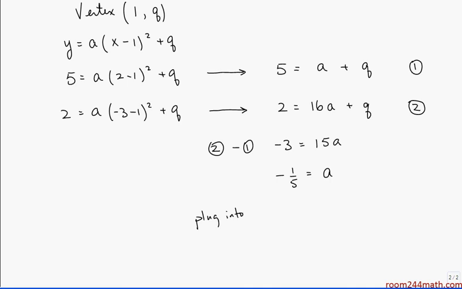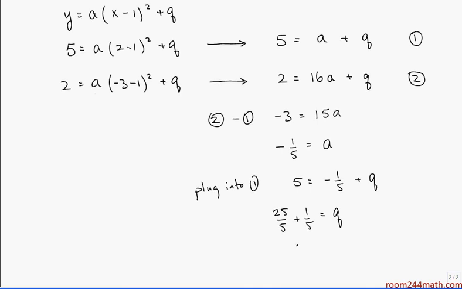If I plug this into equation 1, I get 5 is equal to negative 1/5 plus q, and that's an easy equation to solve for q. I can just add 1/5 to both sides. I can either write q as 5 1/5, or I can change the 5 to 25 over 5, add 1/5, and write q as 26 over 5.